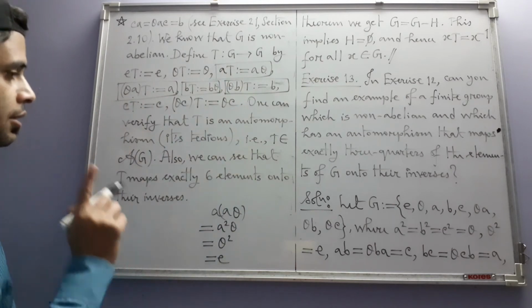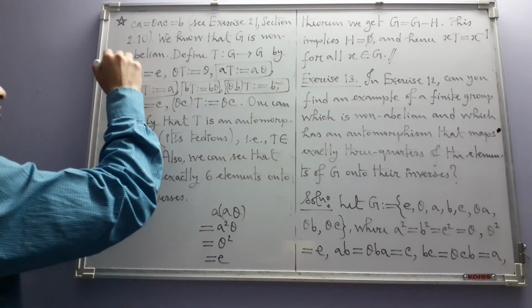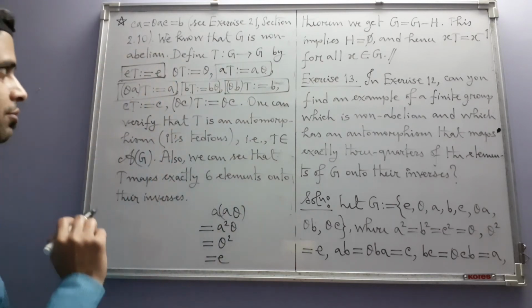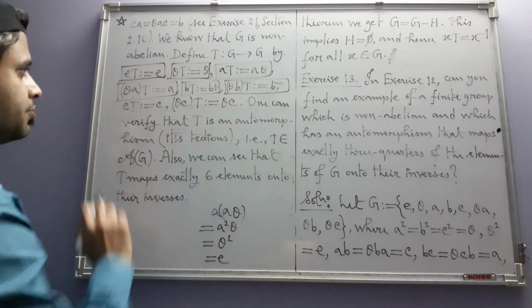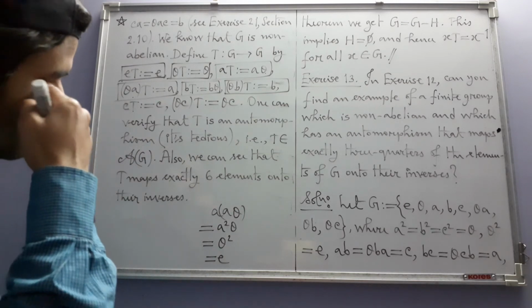4 elements, and E gets mapped onto E, inverse of E is E, and theta gets mapped onto theta, inverse of theta is theta.